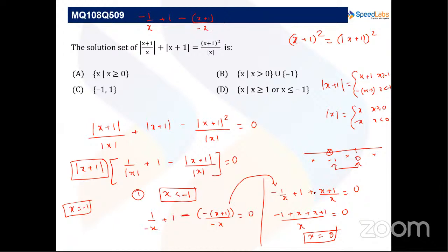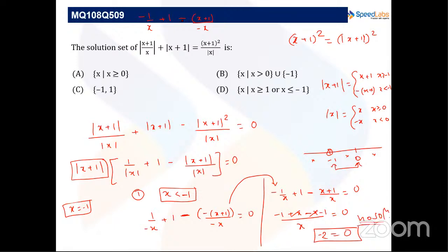So we have a negative sign now. Okay, so this will be negative only. So x and minus x will get cancelled out. Obviously, this will be minus 1, so minus 2 equals to 0, which is not possible.